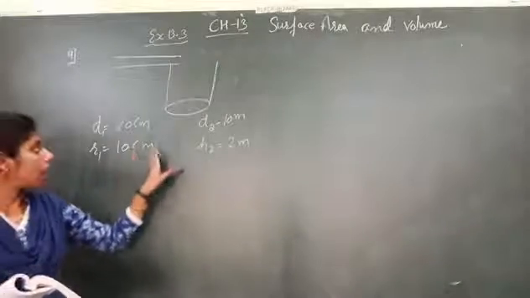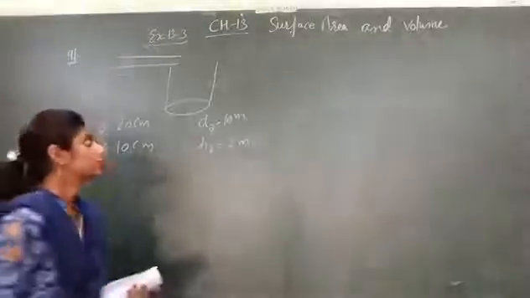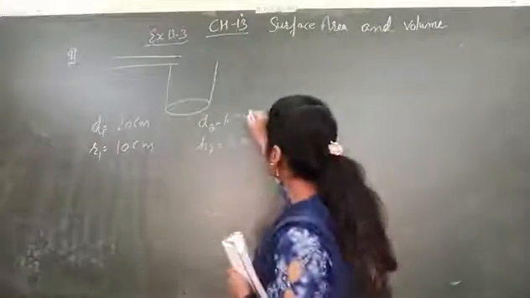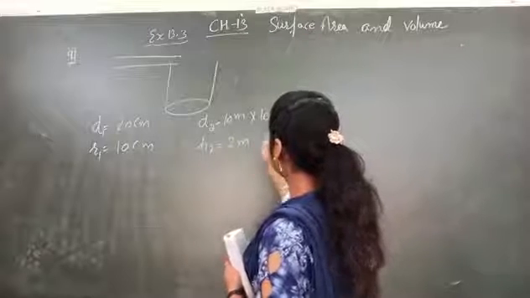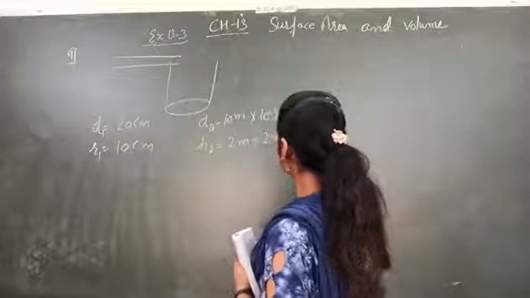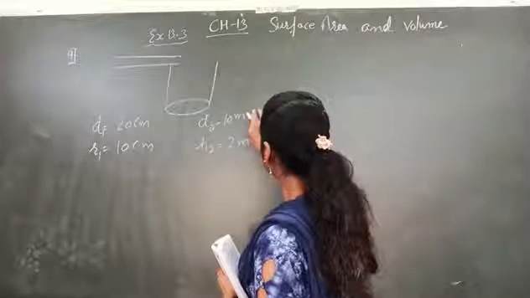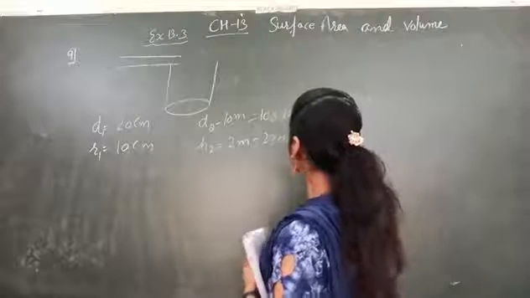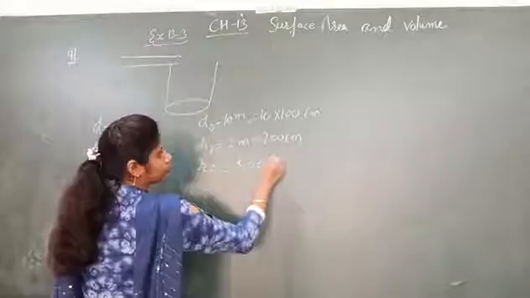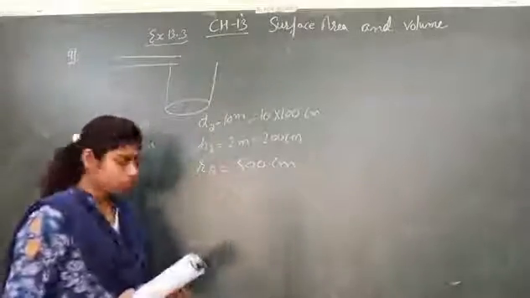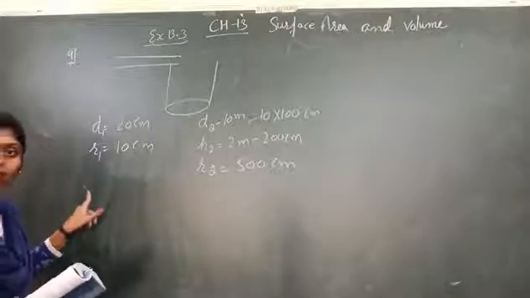So convert either centimeter into meter or meter into centimeter. It's your choice. To avoid the decimal, we will convert it into centimeter. So this is equal to 1000 centimeters. So R2 is equal to 500. Clear?